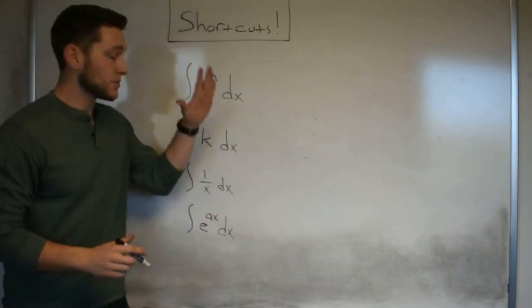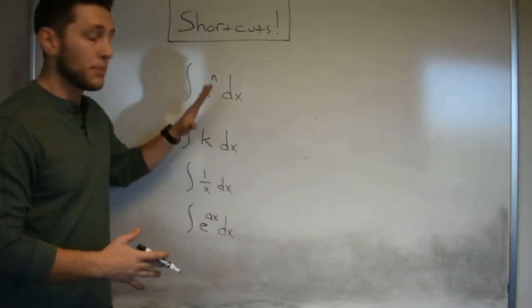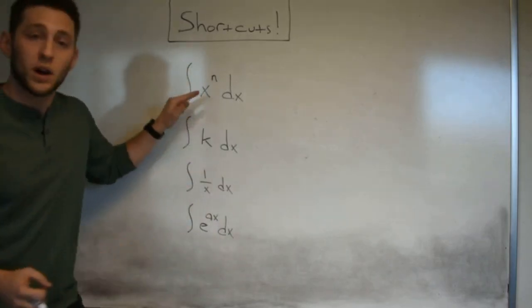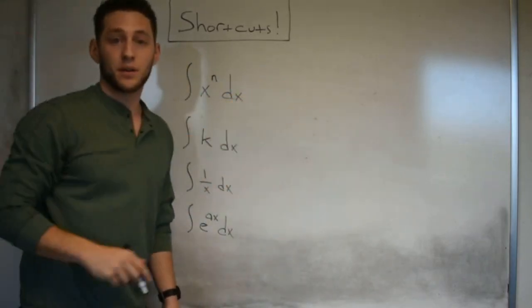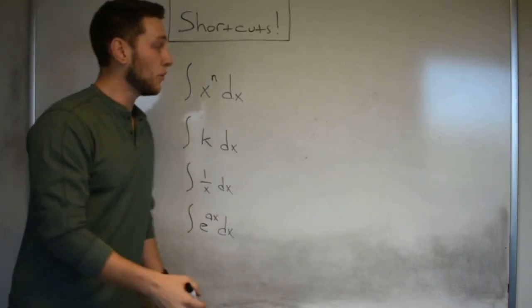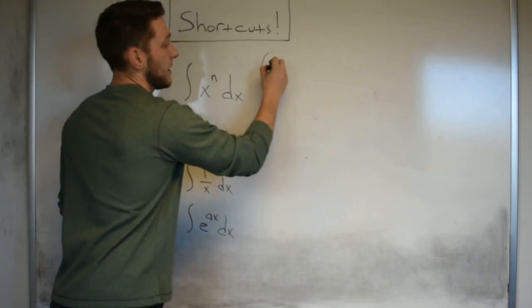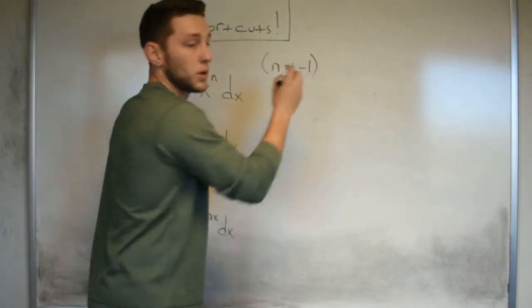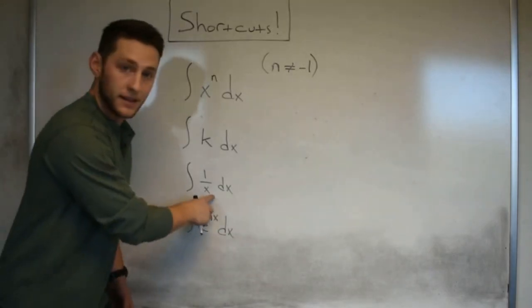Okay, so now let's talk about some shortcuts that we can use to help us out with this anti-differentiation process. Now the first one is going to be, what if I encounter x to some power? And we're going to put a little stipulation that the power can't be to the negative 1. So we're going to go ahead and say n not equal to negative 1. We'll cover that case later down here.